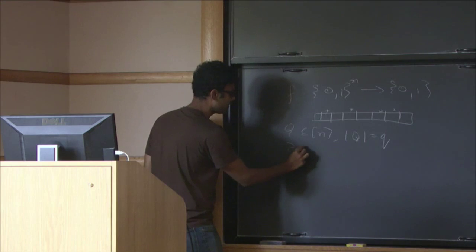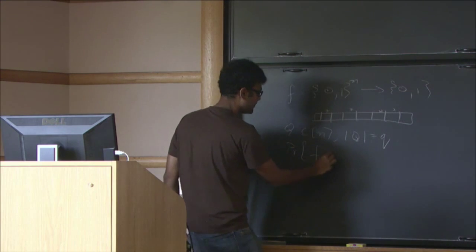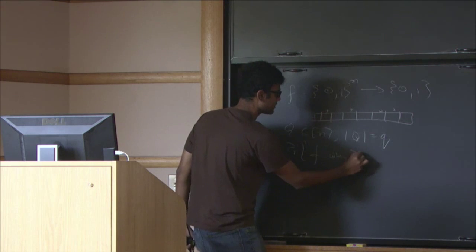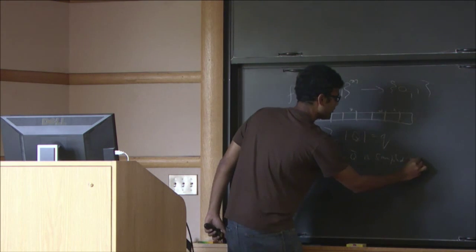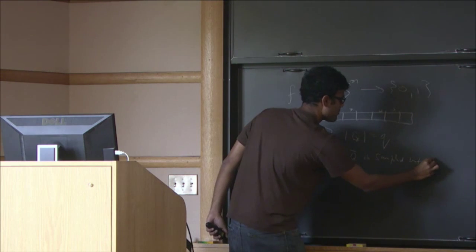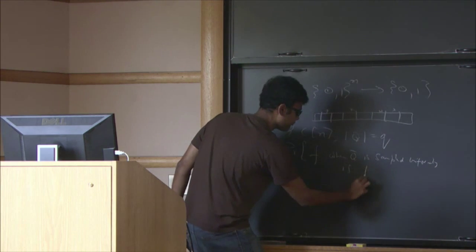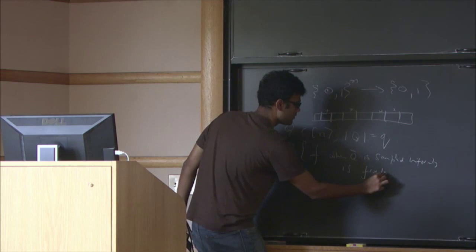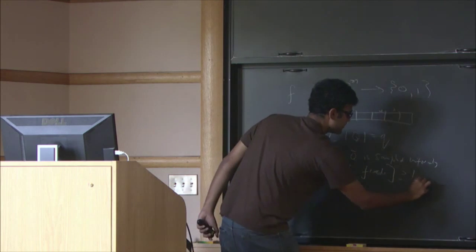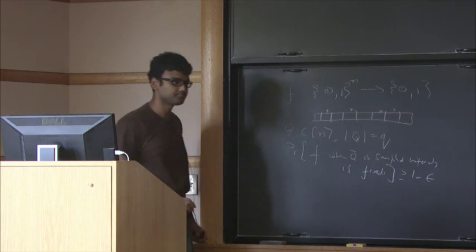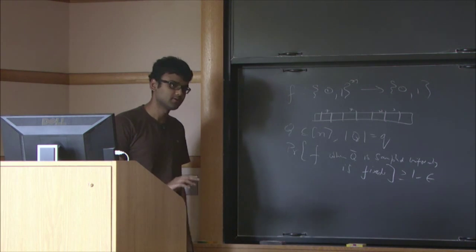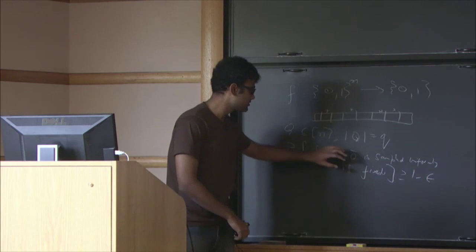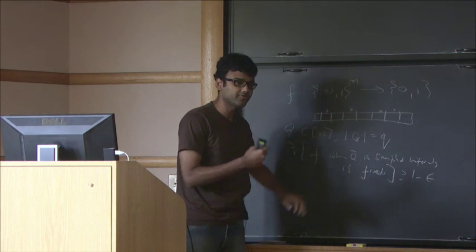What we want is that the probability that f, when Q bar is sampled uniformly, is fixed, is at least 1 minus epsilon. No, so this Q is the set of bad guys.